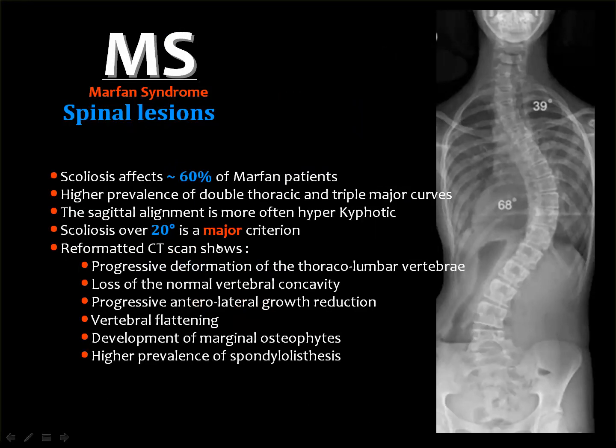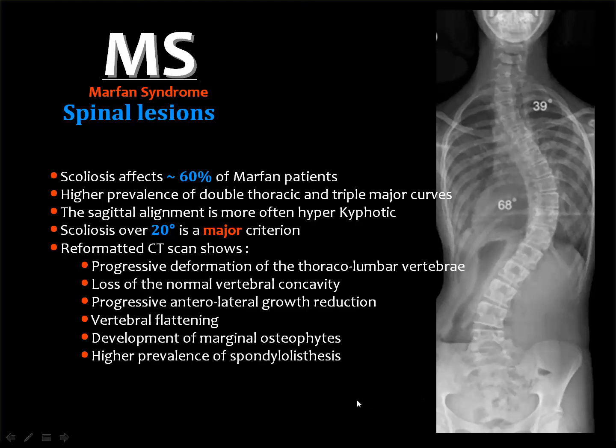Scoliosis is also a major criterion of Marfan syndrome, provided that the angle of scoliosis is about 20 degrees or more. Scoliosis is present in about 60% of patients with Marfan syndrome and is considered a major criterion, as I mentioned.